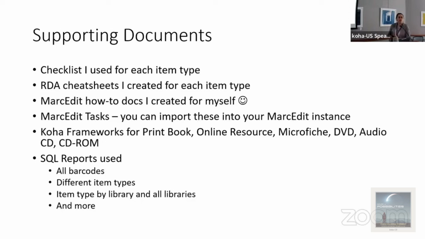MarcEdit has a way where you can export and import tasks. So I have two very important ones. I have one that will clean and basically take all your 245s and make them the same.